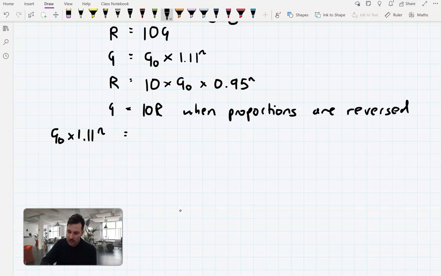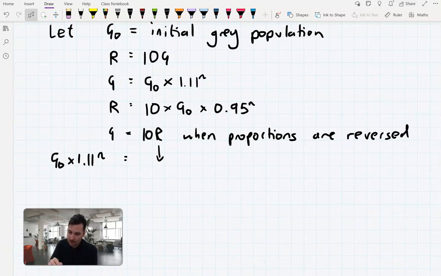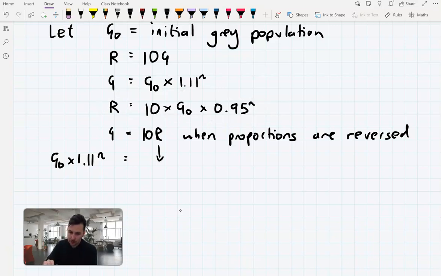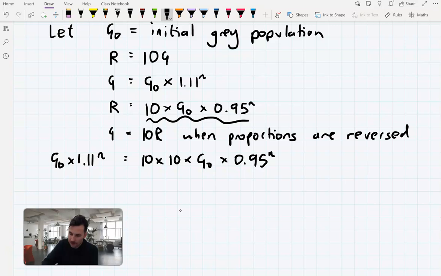Now what we want to do is sub in an equation for our red kangaroos, which we have up here. That's going to be 10 times the initial population of the grey kangaroos times 0.95. So now we're going to have the 10 from this expression here times our expression for the red kangaroos. So 10 times g0 again times 0.95 to the power n.